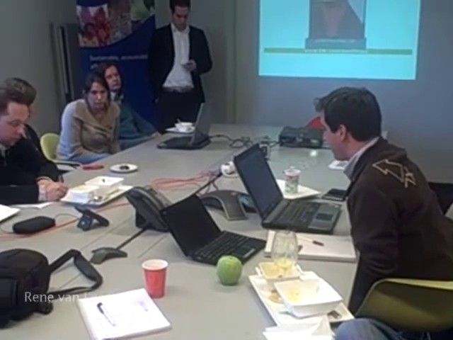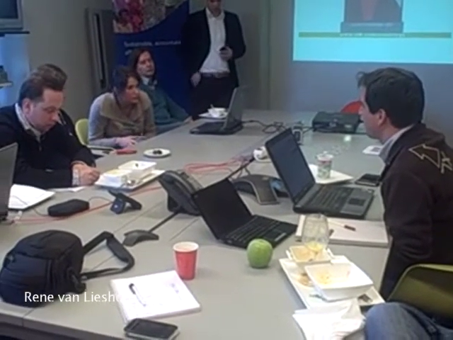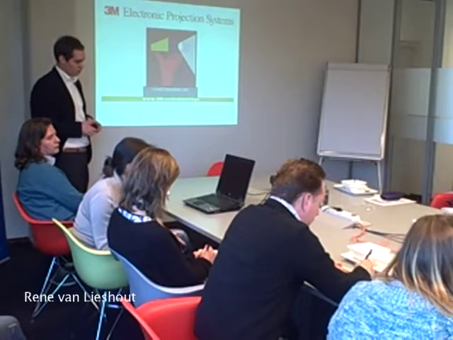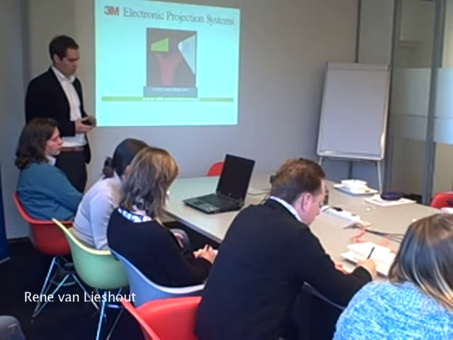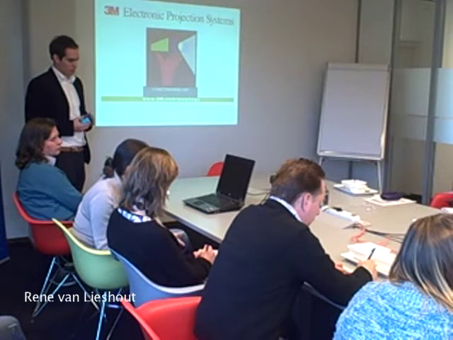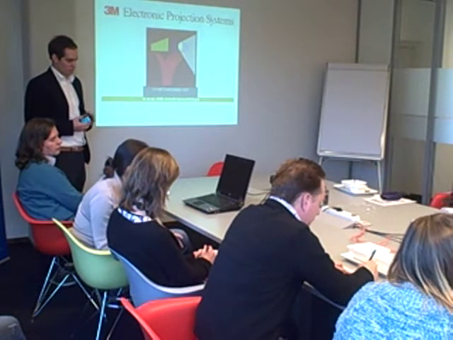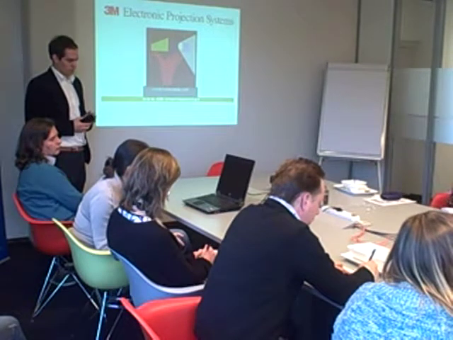Okay, this is René from IRC Uganda. First of all, I would like to thank Marieke and Marieke for this nice presentation. My question is related to how you come to the score of the QAS scoring tables.